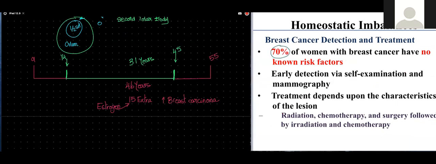Even with those risk factors, we usually have a lot of patients that don't have any of those risk factors. Almost 70% of the women who develop breast cancer don't have any known risk factor.